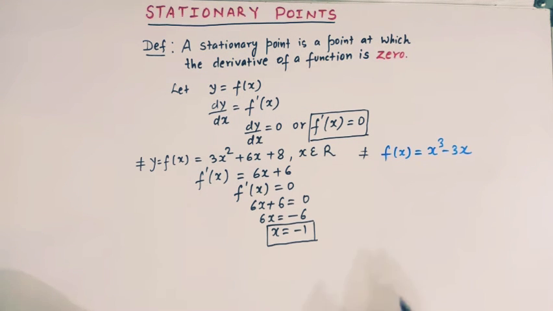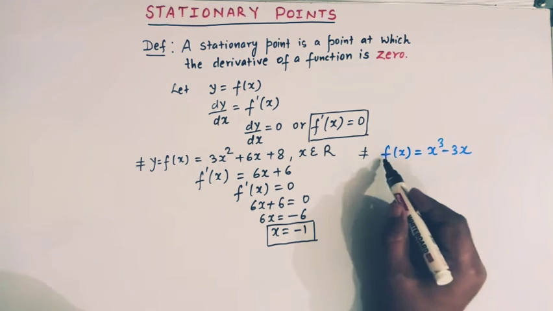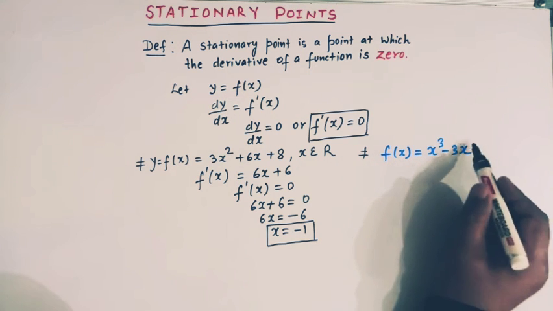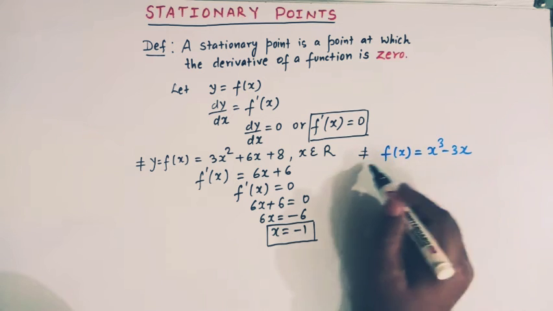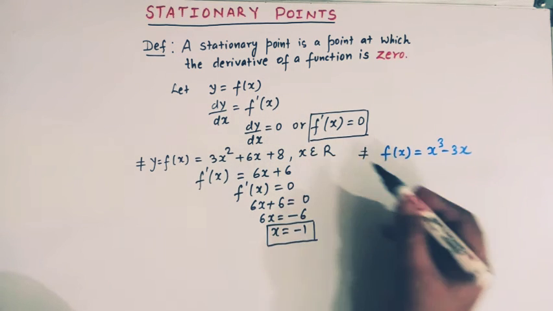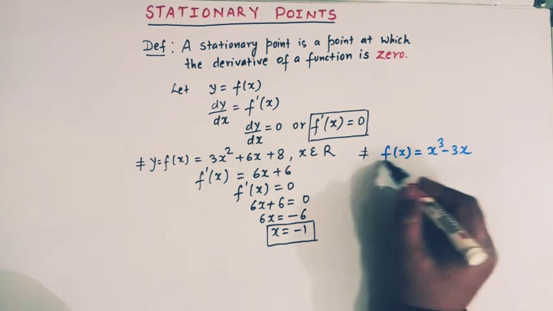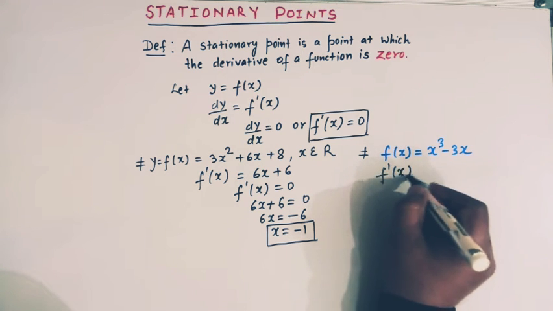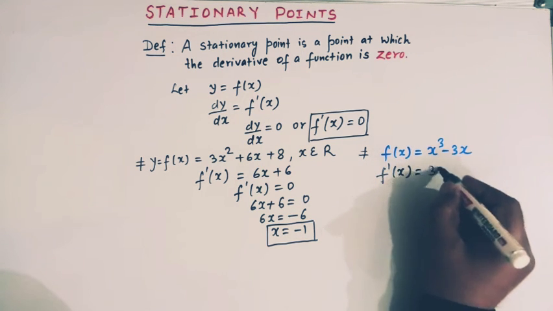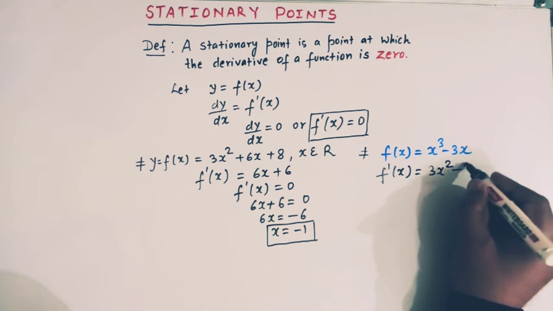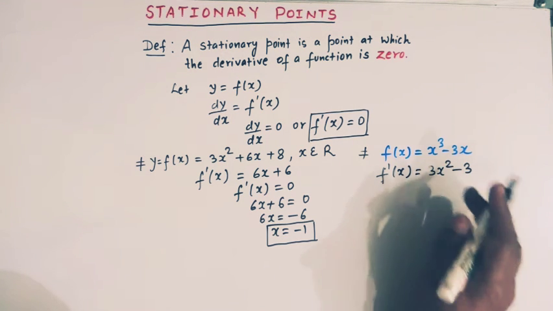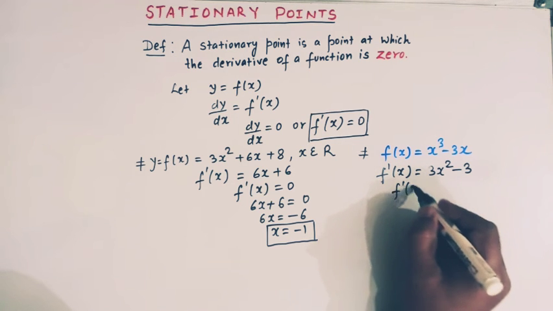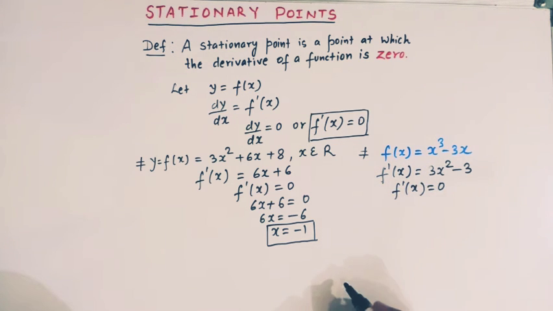Now let us take one more example. Here we have the function f of x is equal to x cube minus 3x. Now this is a cubic function, so in order to find out the stationary points, let us differentiate it. So f prime of x is equal to 3x square minus 3, right? And for stationary points, the derivative must be equal to 0, right?